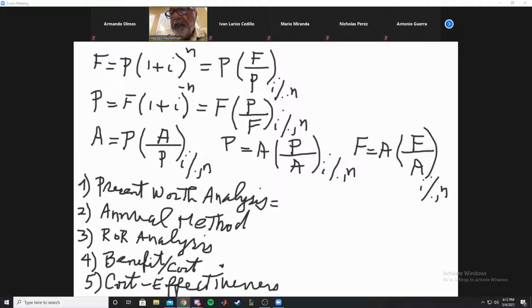On that one, we want to find the net present worth. We call it net present worth, NPW, and that will be equal to present worth of benefit minus present worth of cost. So it means that we have to bring the benefit to present and the cost to present and calculate.